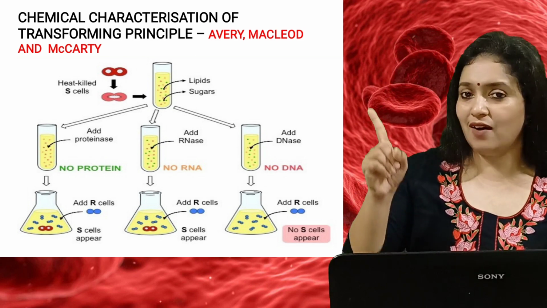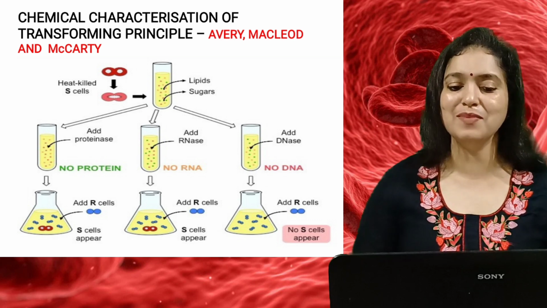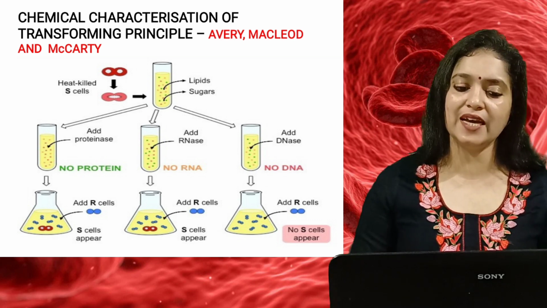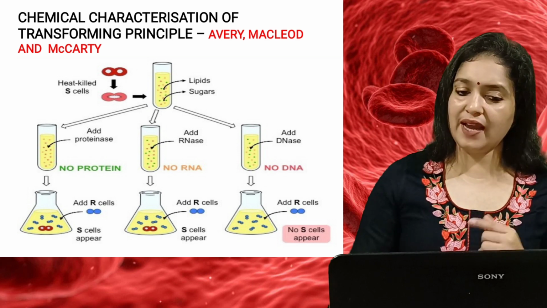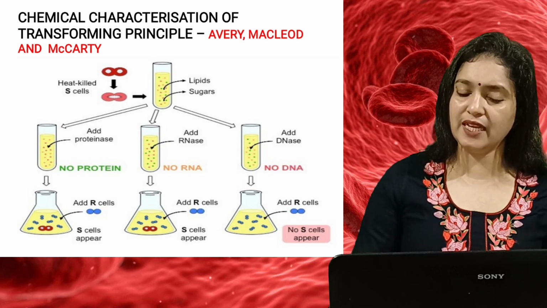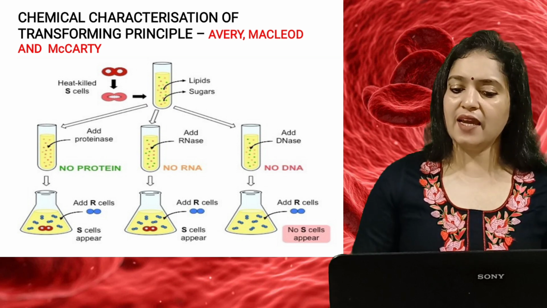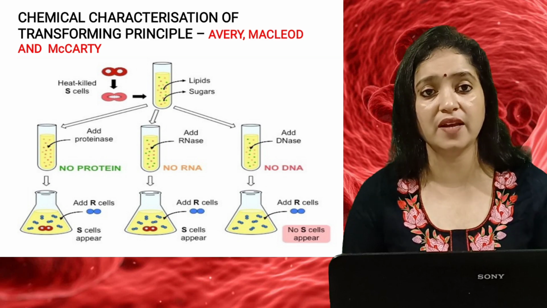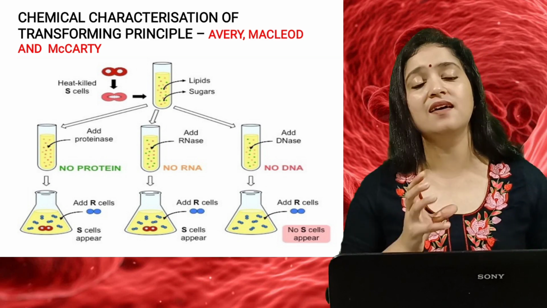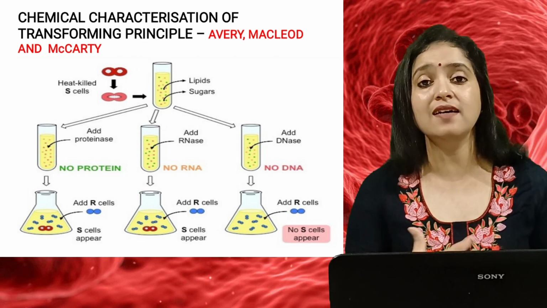Here also the whole answer is there in this diagram. So in the first diagram, you can see that they are adding proteinase to the heat killed cells, then RNase, then DNase. And whenever DNase is added, no transformation happens. That means DNA is the genetic material.